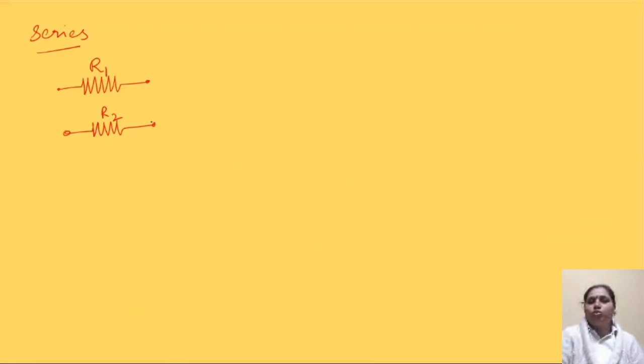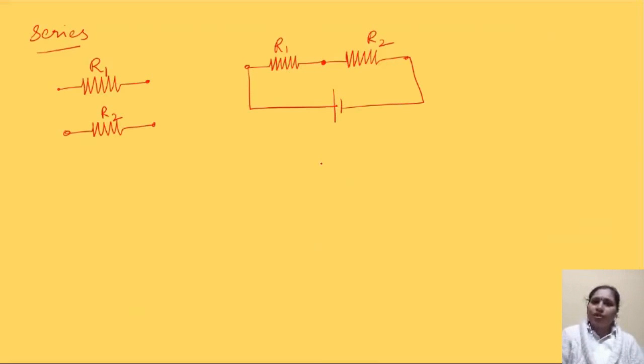These two resistors are connected in such a fashion that there is a common point in between them. This is your R1 and this is your R2, and to this combination a voltage source is applied across its terminals. This fashion of connection of resistors with one common point is known as a series circuit.